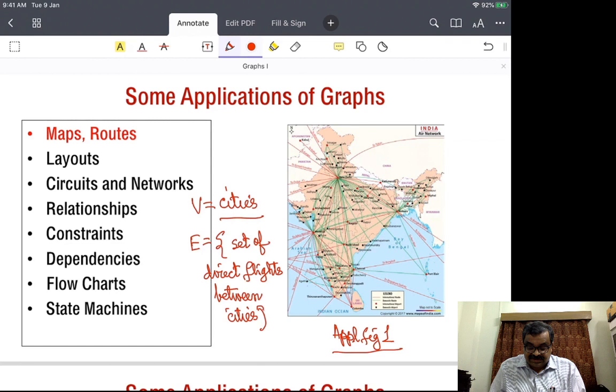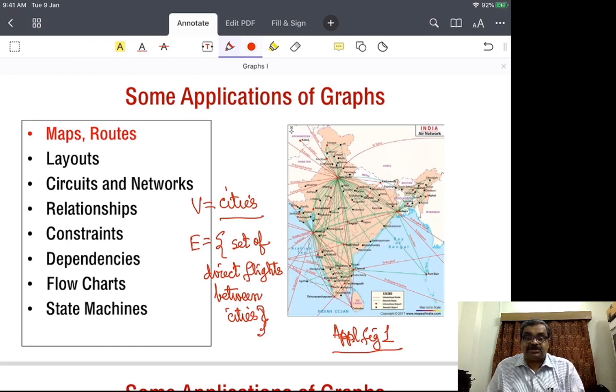So in this case, we have a graph G(V, E) where V is the set of cities and E is the set of direct flights between cities. And typically, if it is a directed graph, then it will have a from-to relationship where it will be the flight from this to that.